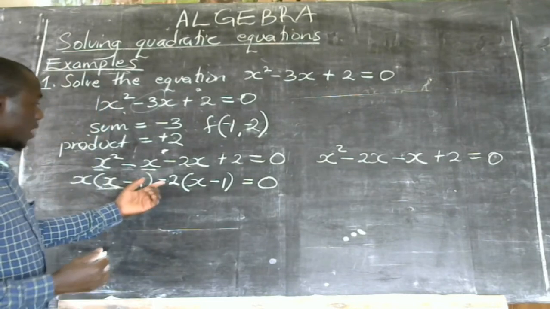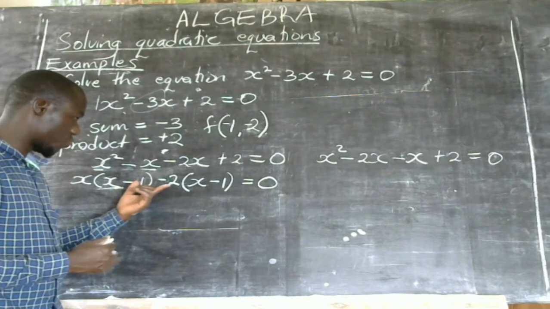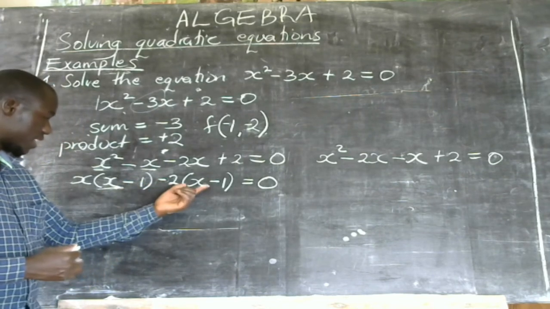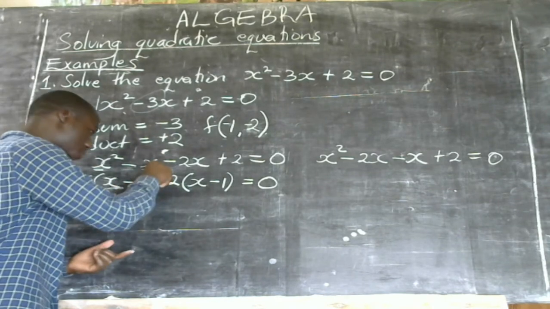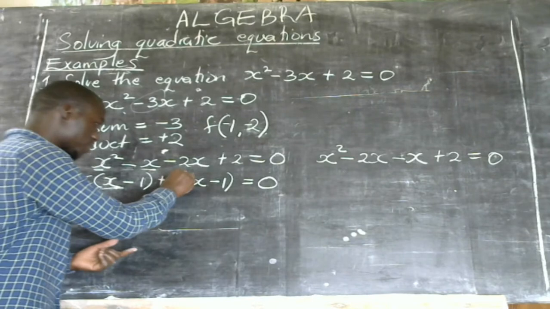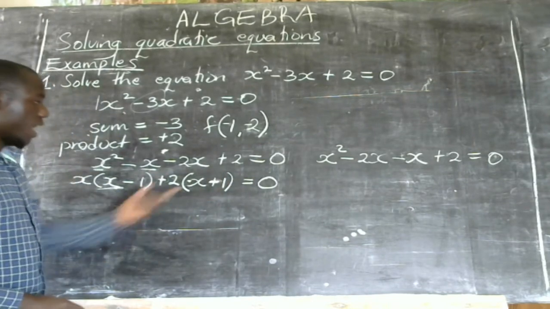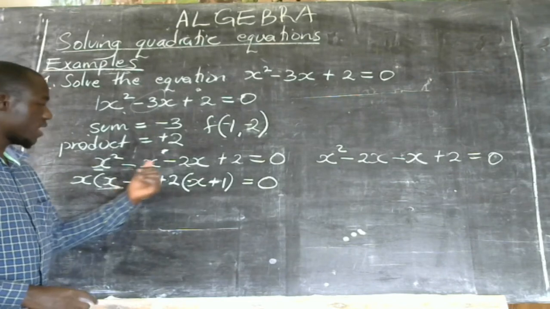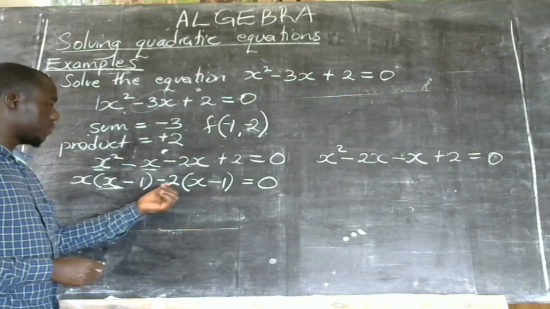So someone can ask, but sir, why don't you put here a positive 2? My aim is to make sure that this bracket is the same as that bracket. If I don't take away the negative, this one is going to be a negative and this one a positive, and this bracket ceases to be the same as that. That is why I've factorized out a negative 2.